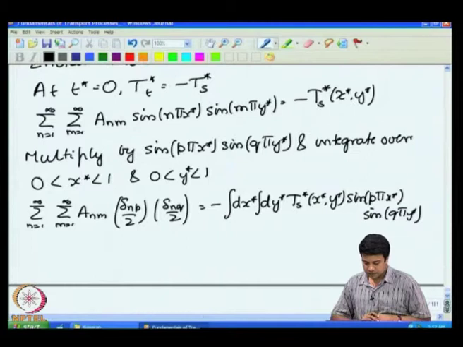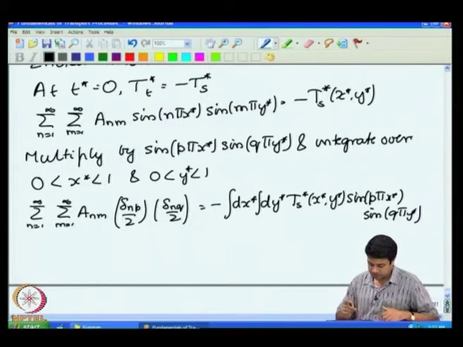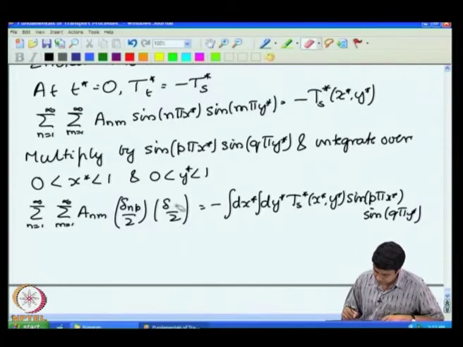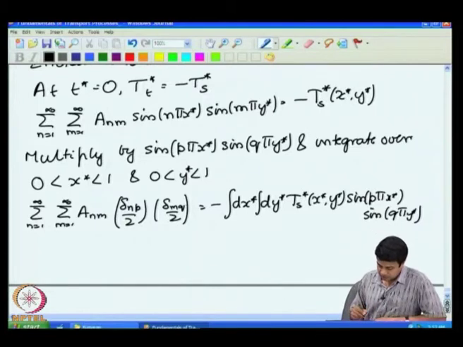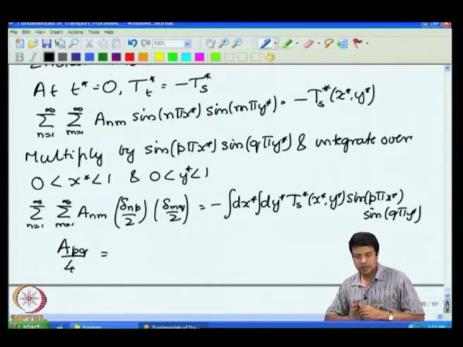On the left I have summation from n equal to 1 to infinity of a n m times delta n p by 2, summation m equal to 1 to infinity of a n m times delta m q by 2. So, this is just going to be equal to a p q by 4.